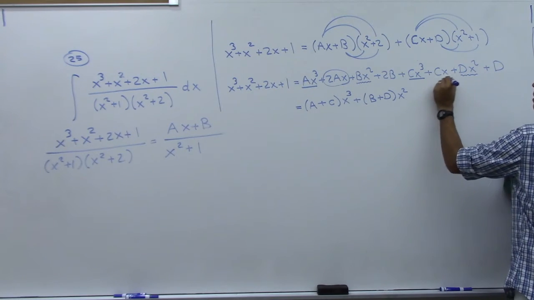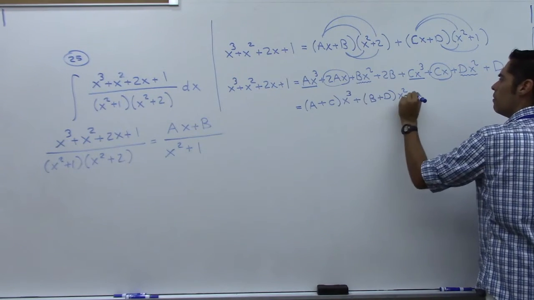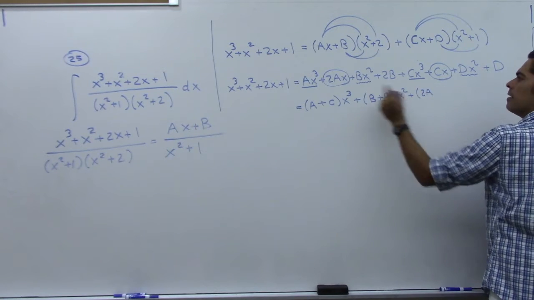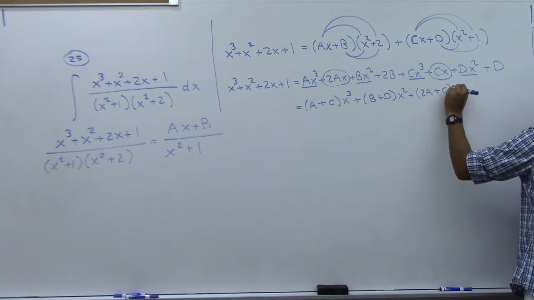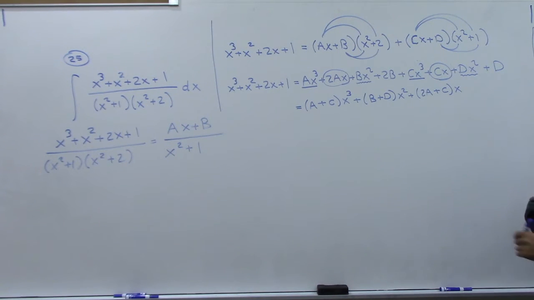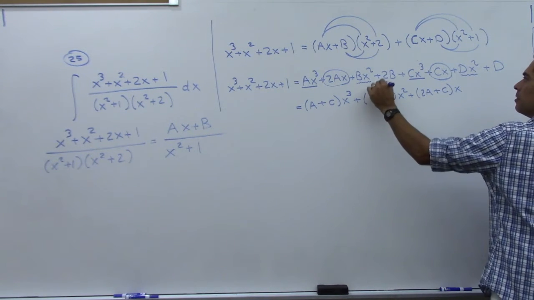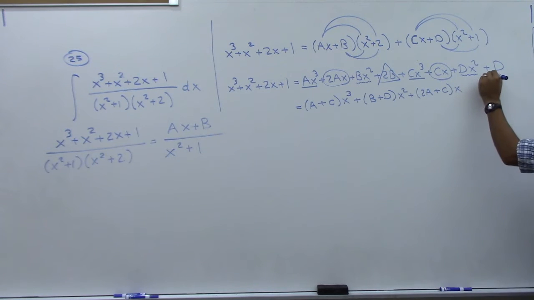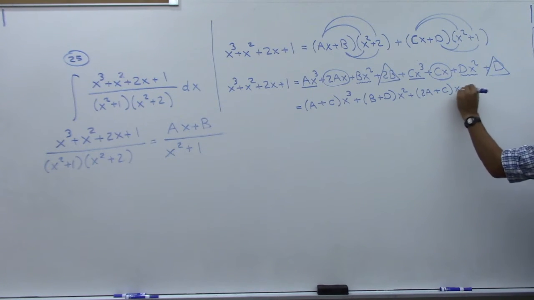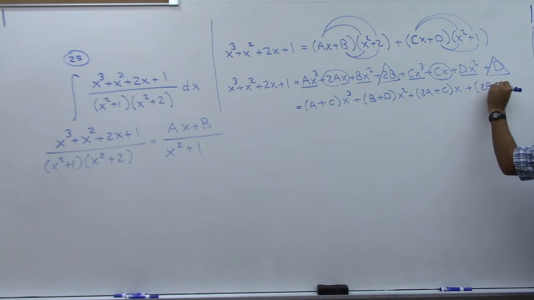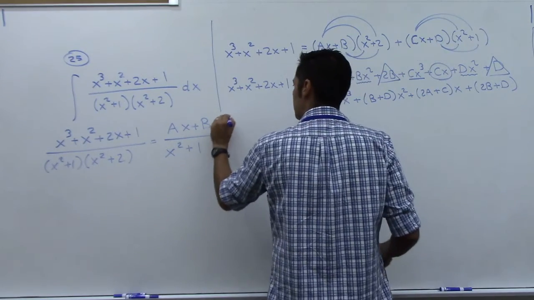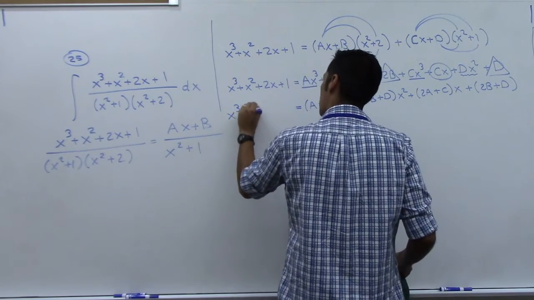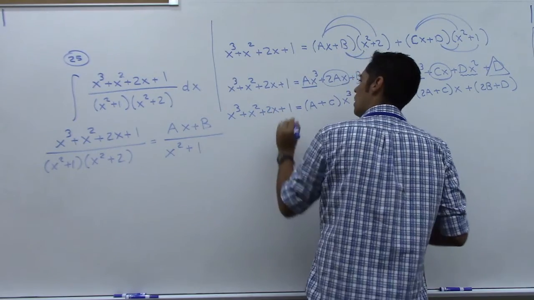So plus (2a plus c) x. And then last thing, 2b and d, so plus 2b plus d. Now that has to match, let me see, I got everything, yes. That has to match this side, x cubed plus x squared plus 2x plus 1.